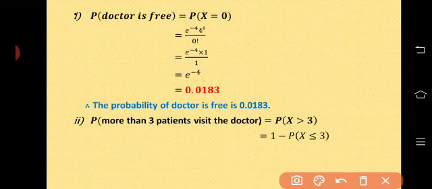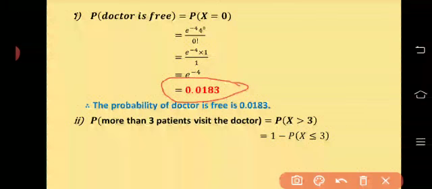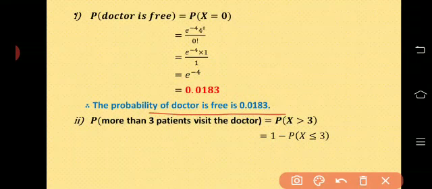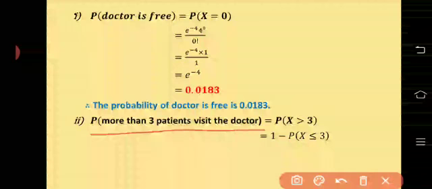For lambda equal to 4 in the Poisson distribution table, e raised to minus 4 is 0.0183. That is the probability that the doctor is free, equal to 0.0183.